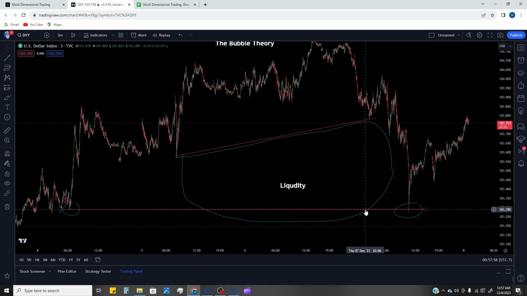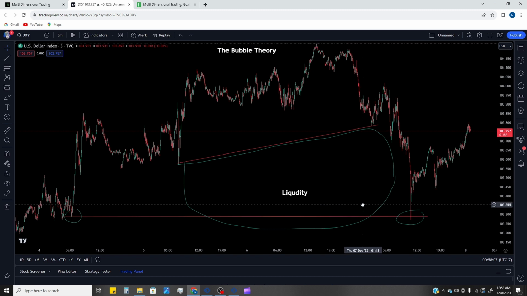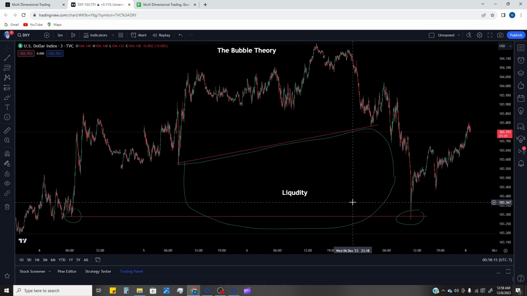We just want to get into the bottom of liquidity so we know we have the best possibility to take our trades to the upside. Or if this was a short position, we want to get into the top of the bubble so we know we have the best possibility to take our trades on the short side. It is as simple as that.